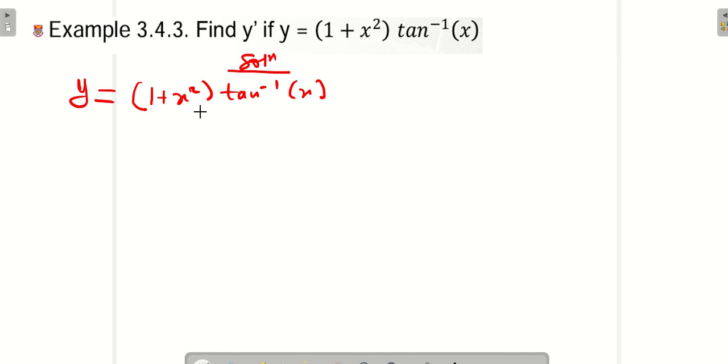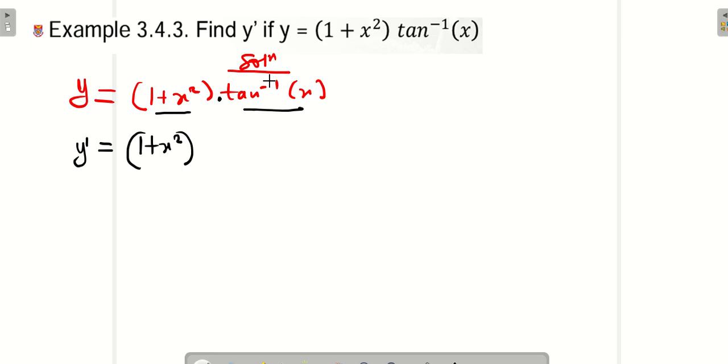The first thing you need to note is that this is a product of two functions, this and this. Therefore, we have to apply the product rule. In applying the product rule, y prime is going to be equal to, the rule says that hold the first expression, which is 1 plus x squared.